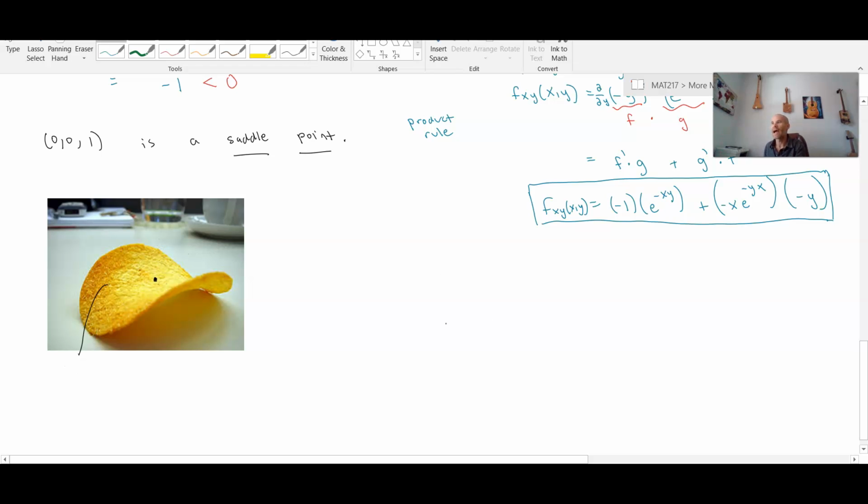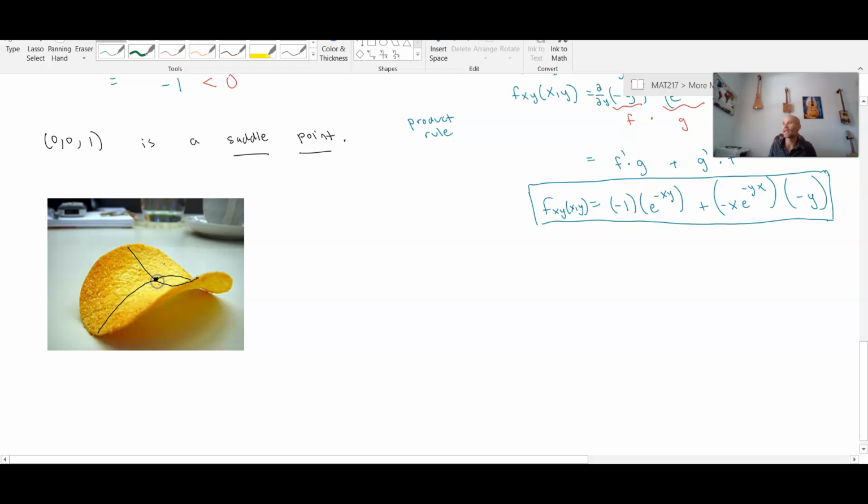All right. A Pringle potato chip is like a saddle. And what we mean by that is that in one direction, that point right there represents a maximum. That's the peak of this curve right there. However, if you look at it from front to back, if we look at it from left to right, we see that it's actually a minimum.